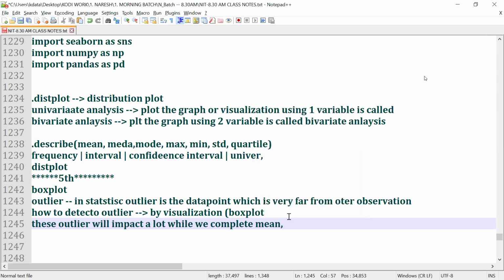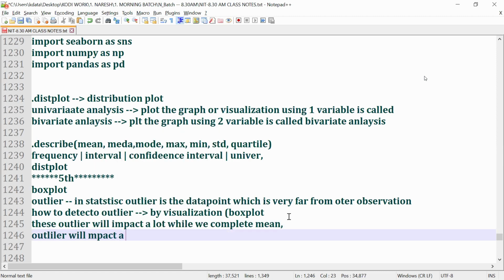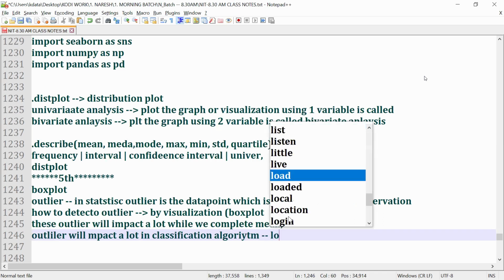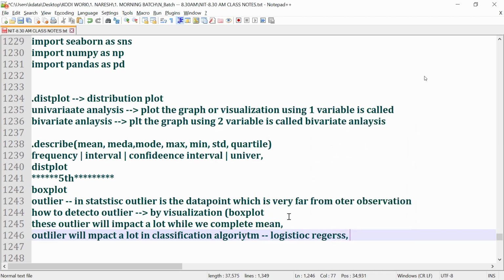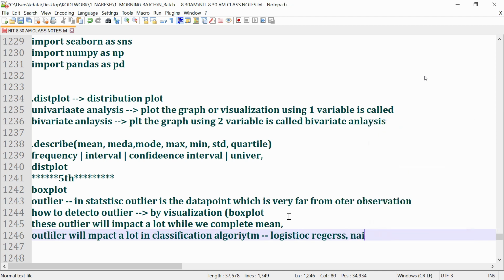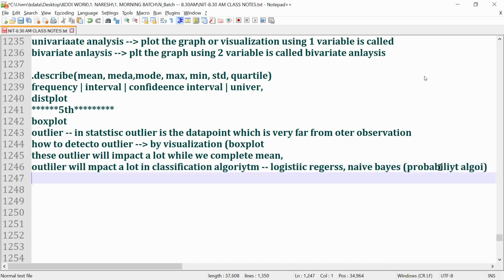And also this outlier will impact a lot in classification algorithms, for example, logistic regression and naive Bayes algorithms, guys. Do you understand or not? These algorithms will be impacted a lot, like mean, logistic regression, and naive Bayes. All these we call probability algorithms, guys. So how to handle these outliers, all those things we will understand in upcoming sessions.